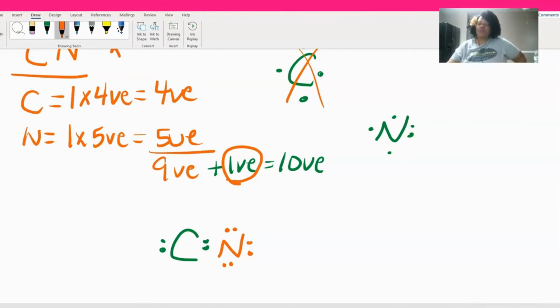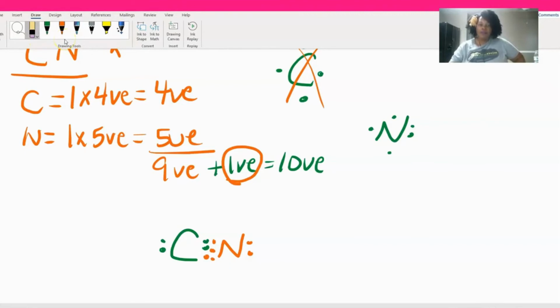We're going to take the 2 at the very top and move them right here in the middle. So we still have 2, 4, 6, 8 around nitrogen, but we only have 6 around carbon. So we have to take those extra 2 on the very bottom and move them right here. We got those 2 right there.